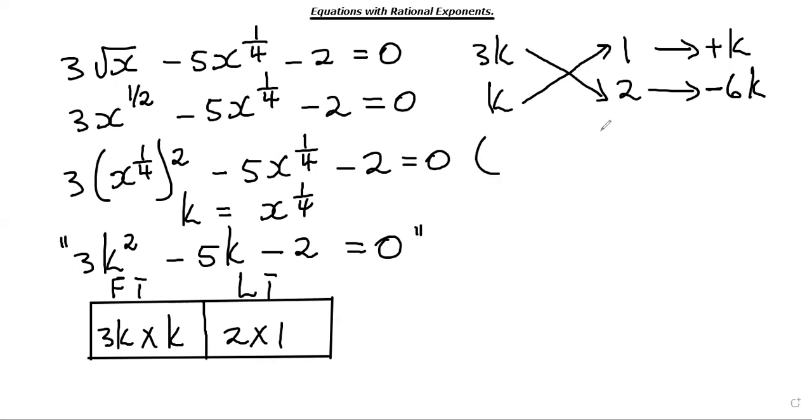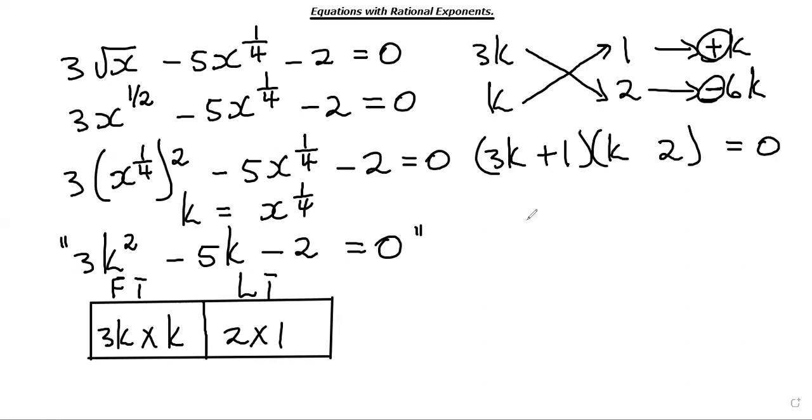So we open 2 brackets here. We equate everything to 0. So we have 3k and 1, then we have k and 2. So the sign of the first factor will be positive. The sign of the second factor will be negative. After applying your zero factor law, you find that k equals negative 1 over 3, or k equals 2.